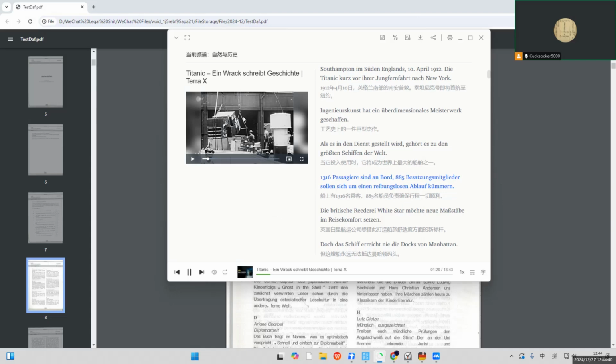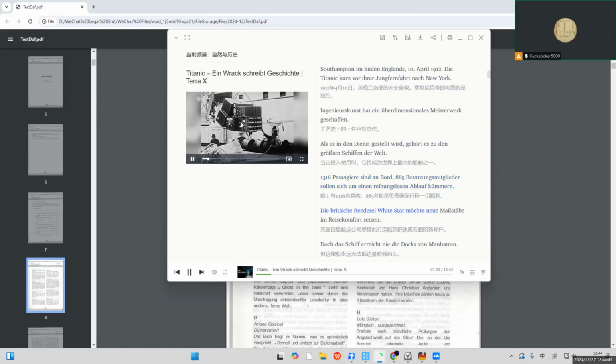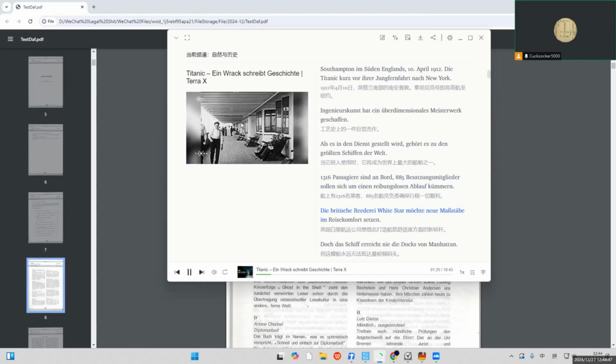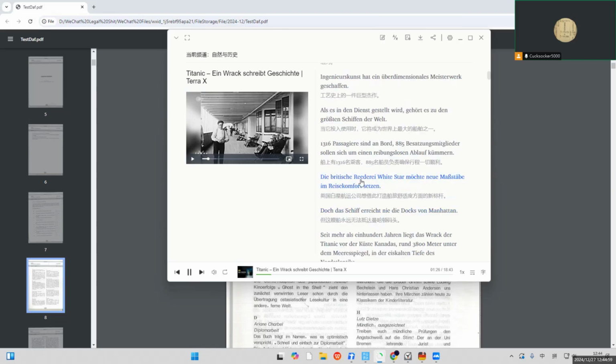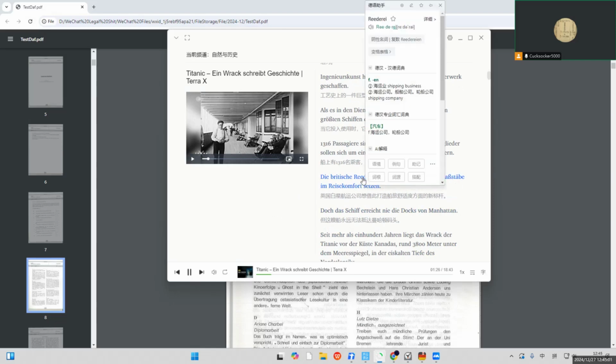Next sentence. Die britische Reederei White Star möchte neue Maßstäbe im Reisekomfort setzen. The British something wants to do something, I don't know. Yeah, wants to, möchte. Okay. Reederei. Reederei, that's a new word. British Reederei. Shipping business.